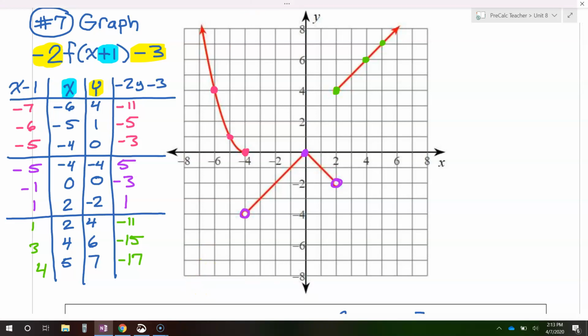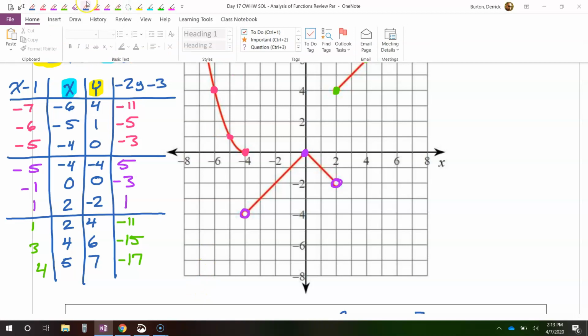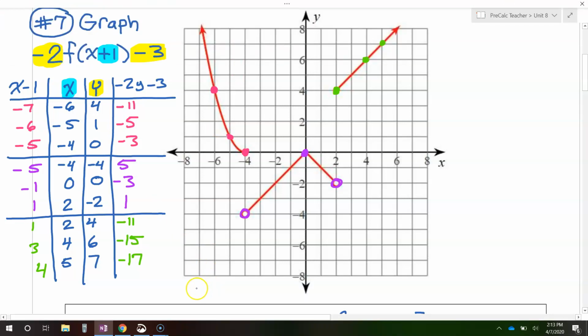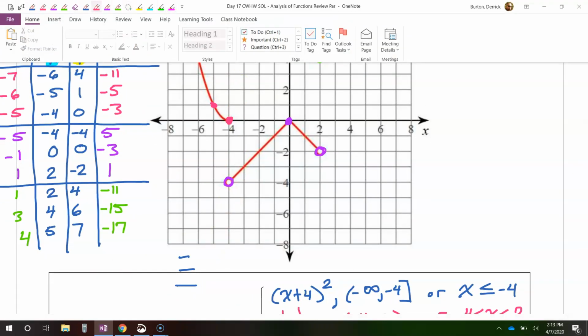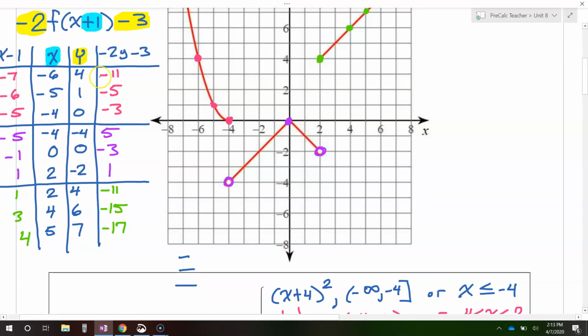Let me change colors. All right, so let's call this 9, 10, 11 would be like around there somewhere. Okay, so -7, -11 would be here-ish.